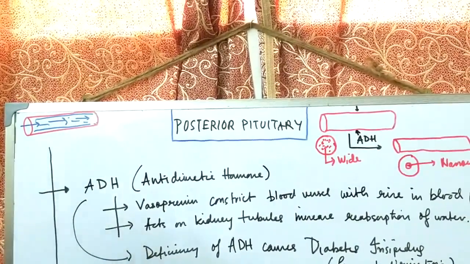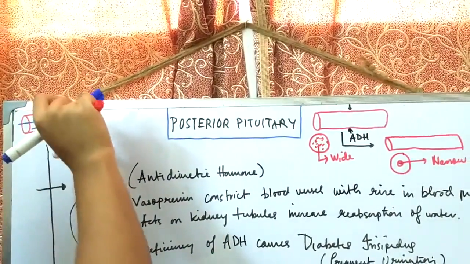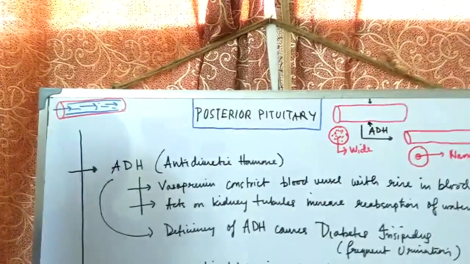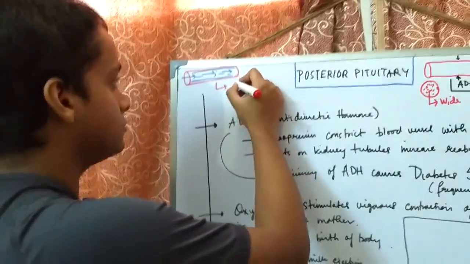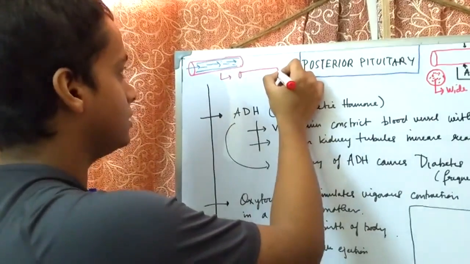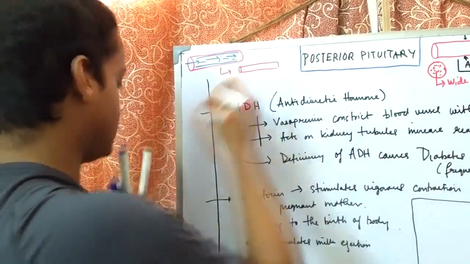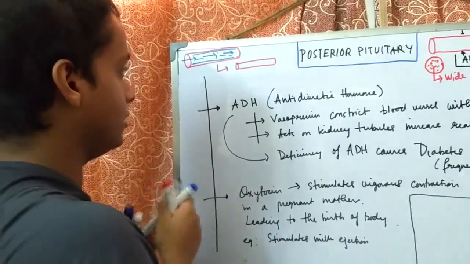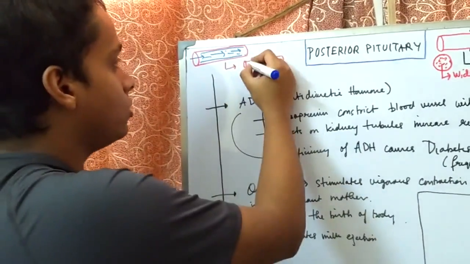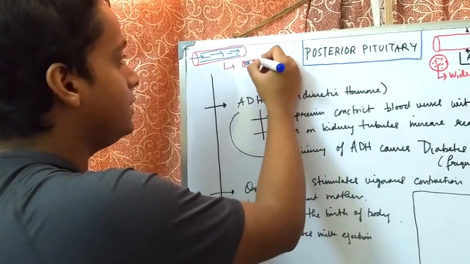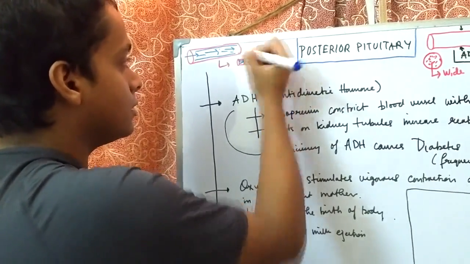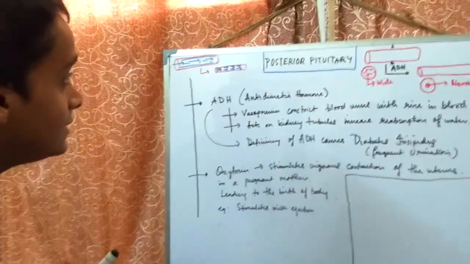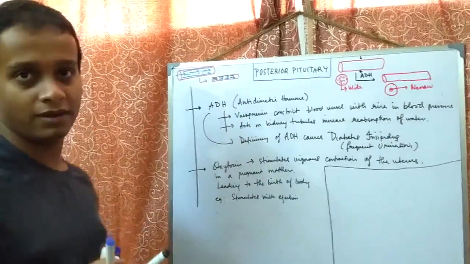Now there is constriction and the space becomes less. Very less space. It has constricted a lot, so the blood cannot easily pass through the blood vessel.